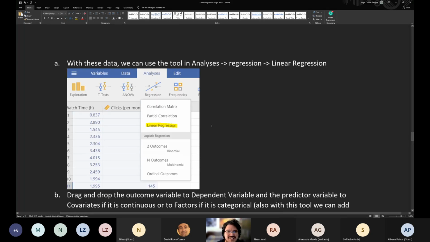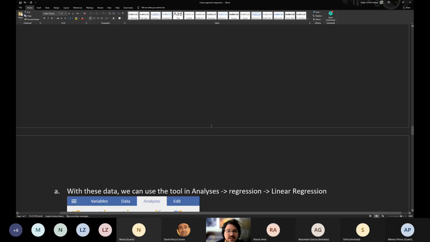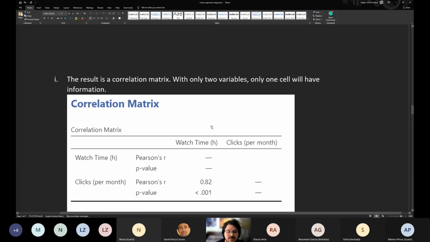So the idea is that you go through this file that you have access to and try to follow these steps with the data that you have in the data set that we just mentioned, parenthood. You will find that you have more than 2 variables.